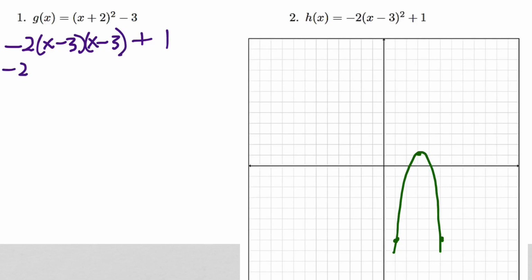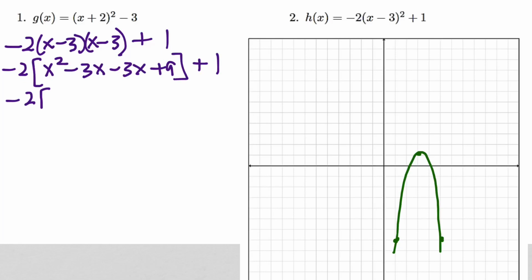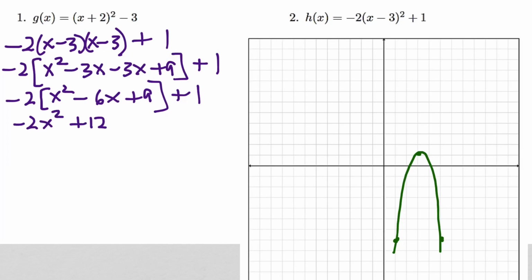So I've got negative 2 times (x squared minus 6x plus 9) plus 1, which is negative 2x squared plus 12x minus 18 plus 1, negative 2x squared plus 12x minus 17.